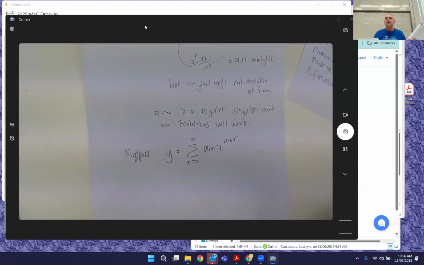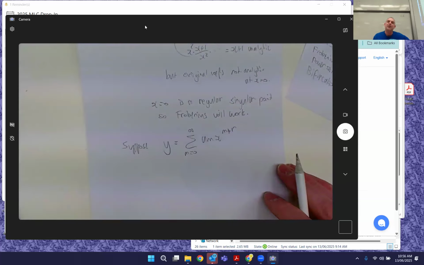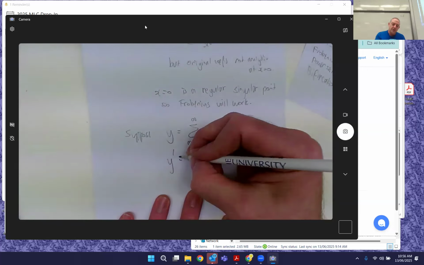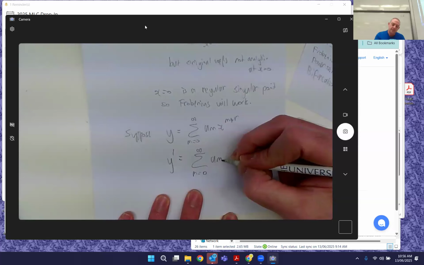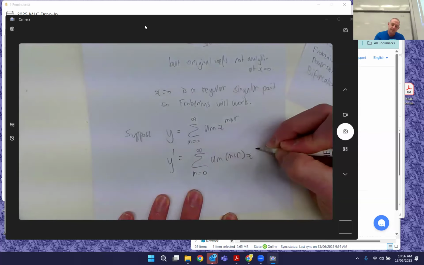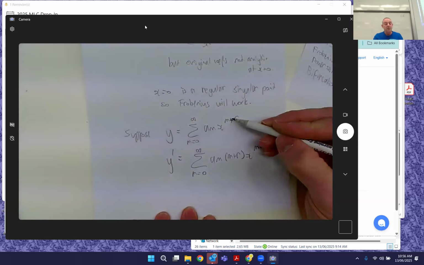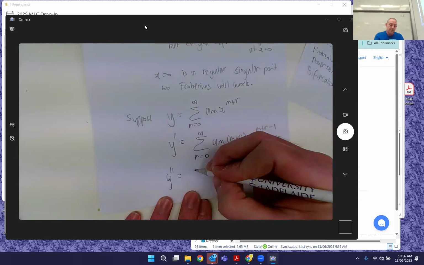Because if you don't, you may be in a situation where Frobenius's method will just fail spectacularly. Also because there'll be a mark for it. Let's just be mercenary about it. Okay. So y dashed, this first bit is the same no matter what. I differentiate, multiply by the current exponent, make the exponent down by 1, and y double dashed.